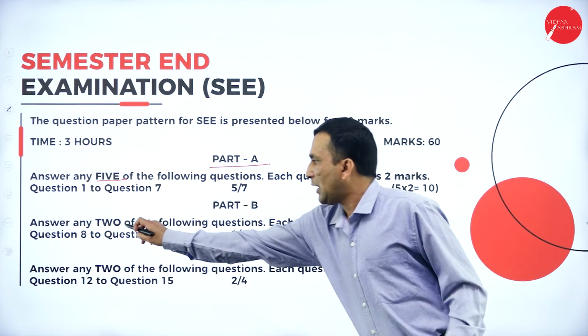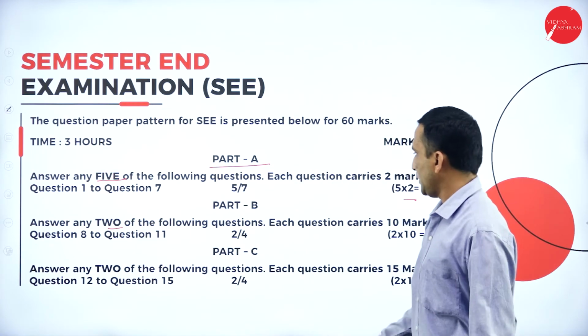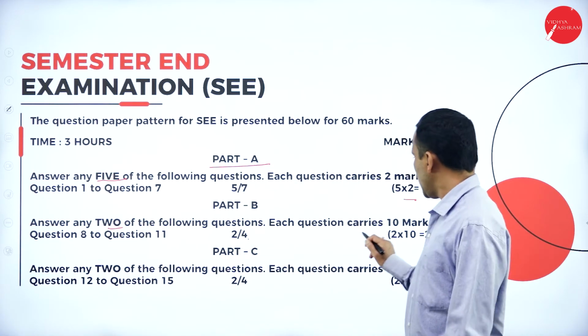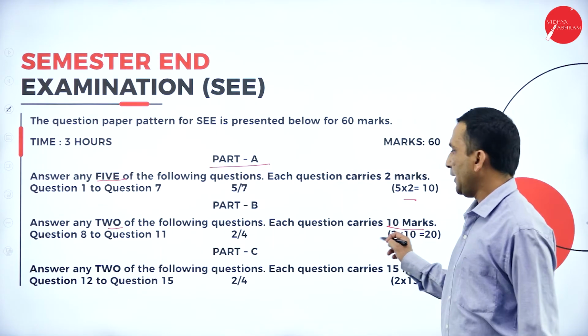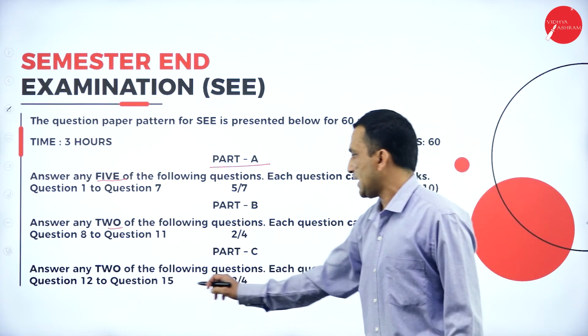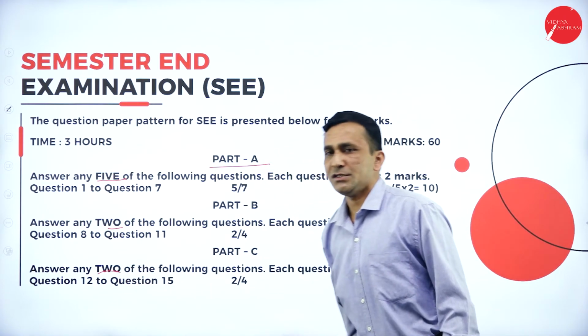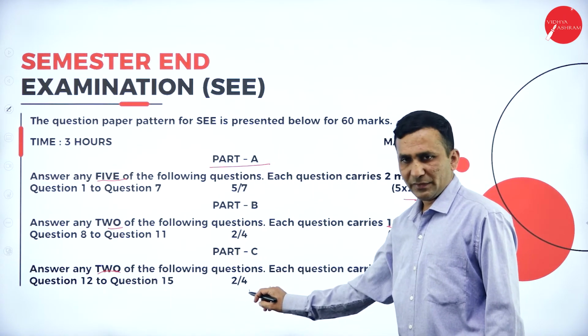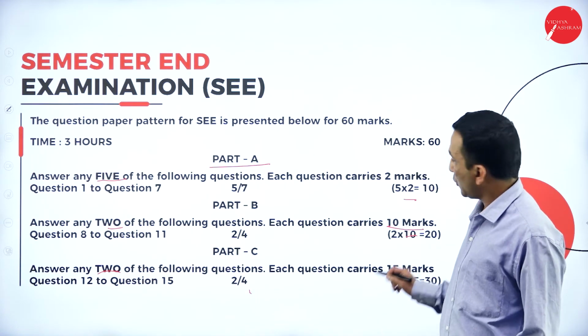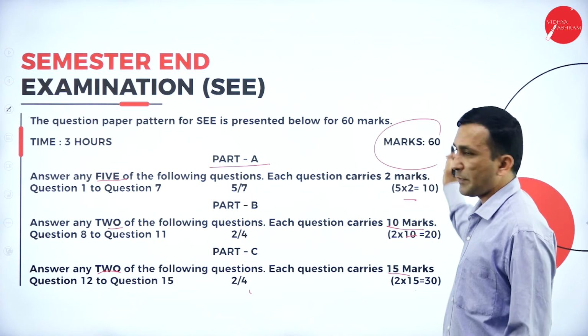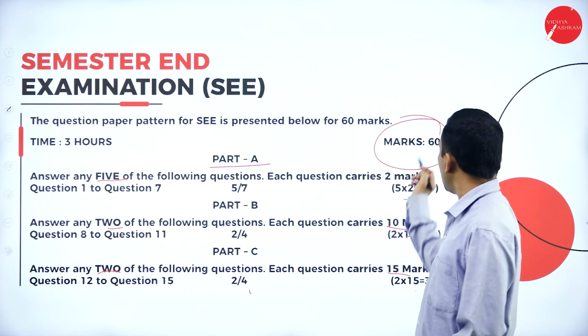In part B, you have to answer only 2 questions out of 4 given, each assigned 10 marks, so 2 into 10, 20 marks. In part C, you have to answer any 2 questions out of 4 given, each assigned 15 marks, 15 into 2, 30. So the total for the external question paper is 60.